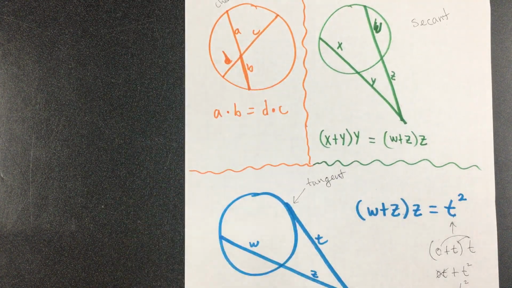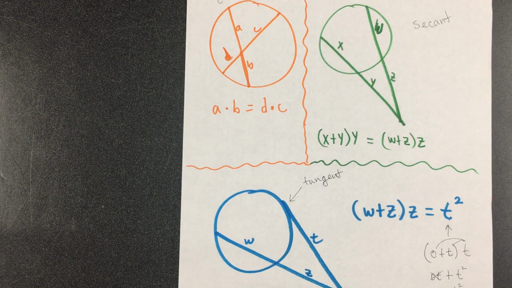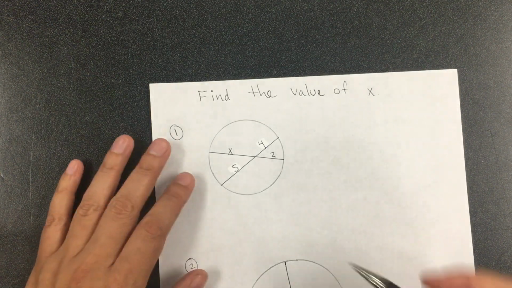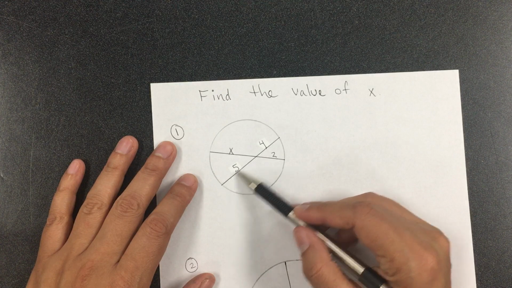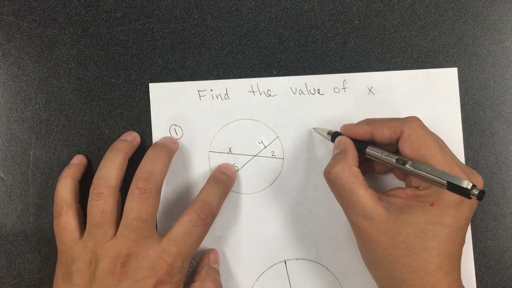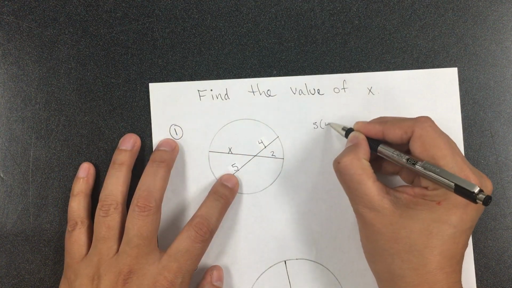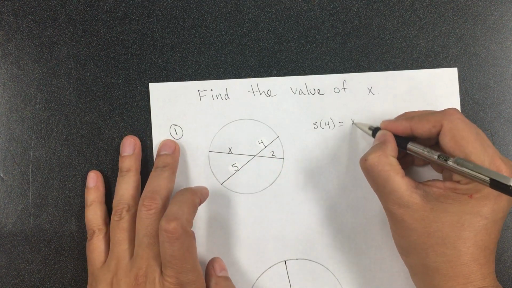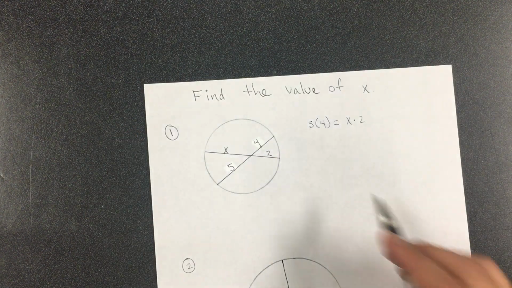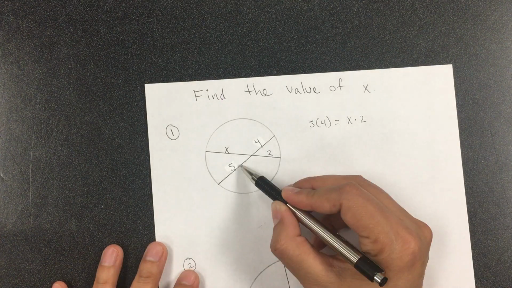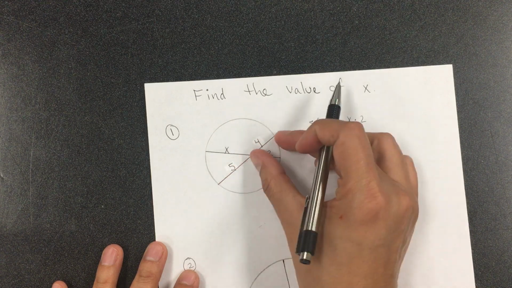We're going to start with a couple of these ones. And so, it says find the value of x. So again, for chords, what we're gonna do is multiply the two pieces of the chord. So 5 times 4 equals x times 2. Now, it doesn't matter if you put 2 times x or 4 times 5. It doesn't matter as long as you multiply within the same segment, okay?